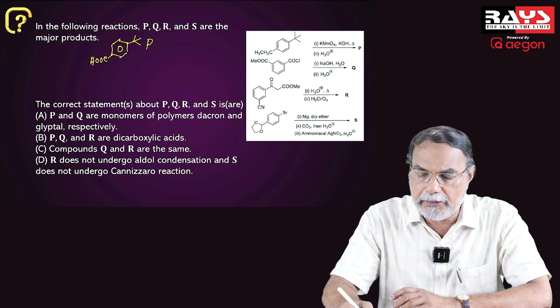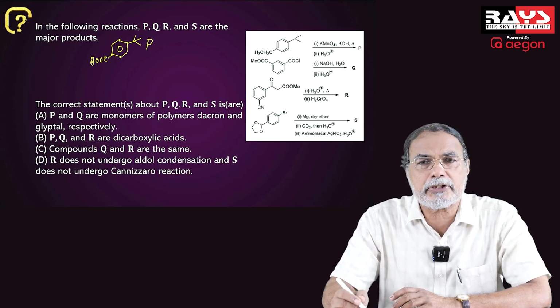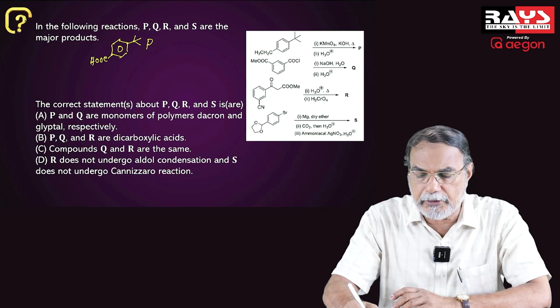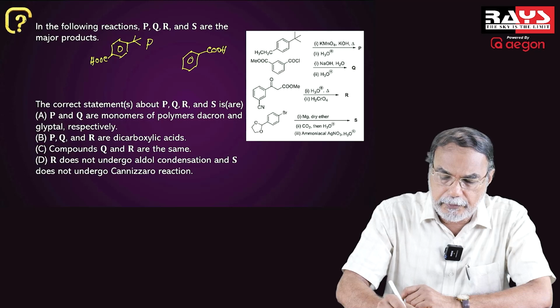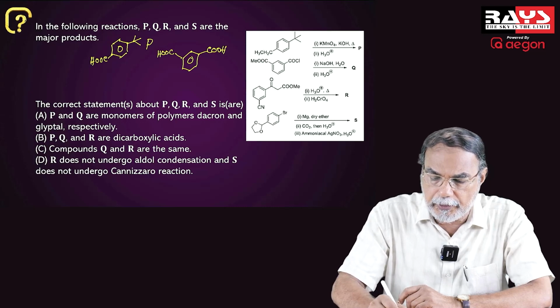And of course, in alkaline medium, it will be formed as a salt, but on acidification, as you are given H3O+, you will get the product with COOH and COOH. So that is the product Q.